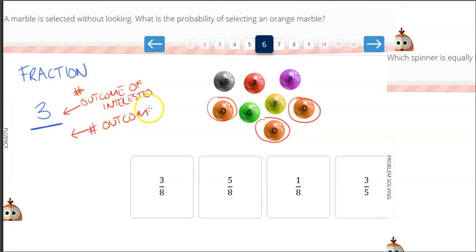So that little hash there just means number of outcomes all up. And that also includes the orange marbles that we have here. So in this case, we have 1, 2, 3, 4, 5, 6, 7, 8. So our fraction is 3/8, which is this answer here, okay?